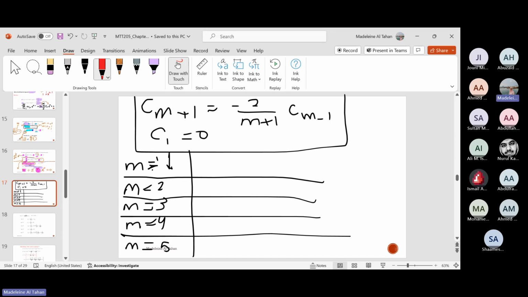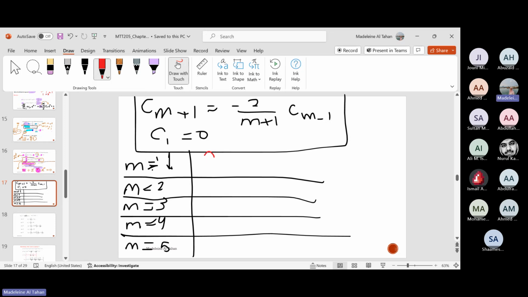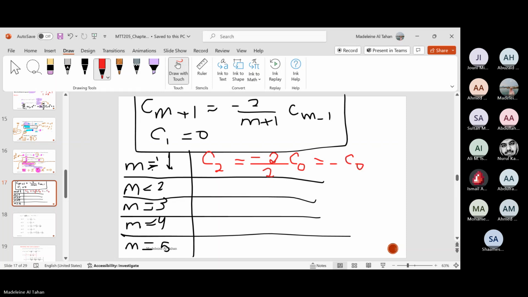At m equal 1, miss, we will substitute. c1 plus 1 is equal to what? c2, right? Okay, and substitute here, what will we get? Minus 2 over 2 c0, which is minus c0. Is it okay, miss? Yes.